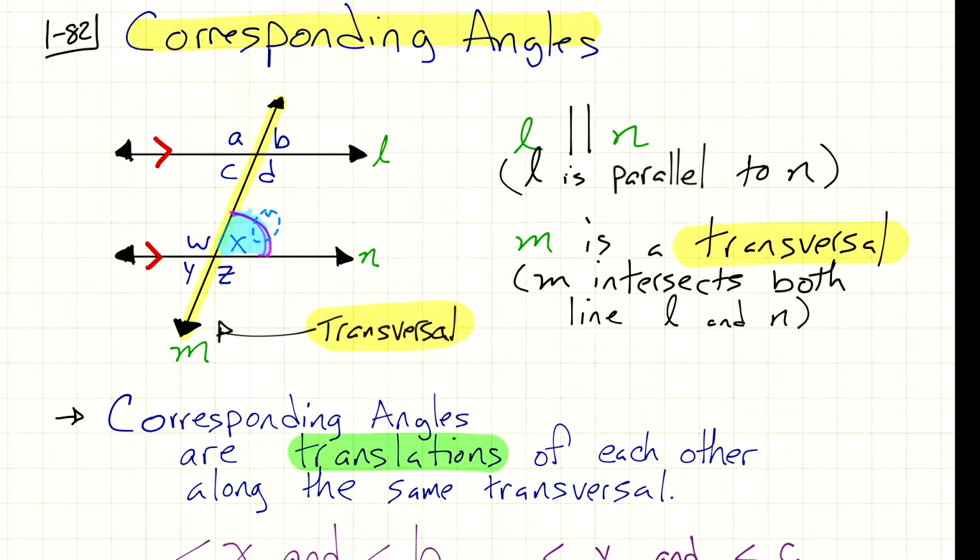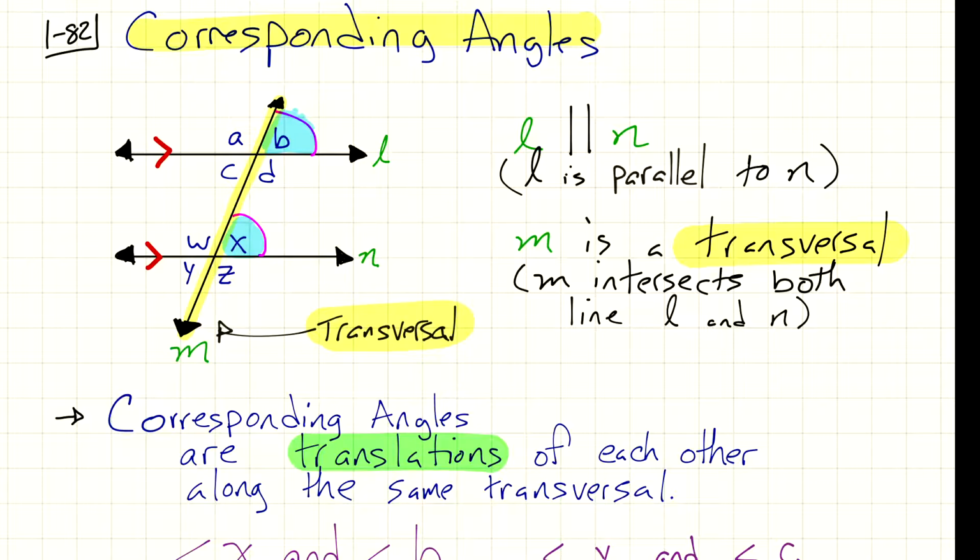If I slide it along this line, you should notice it fits perfectly on top of the X. So those two angles are corresponding angles.